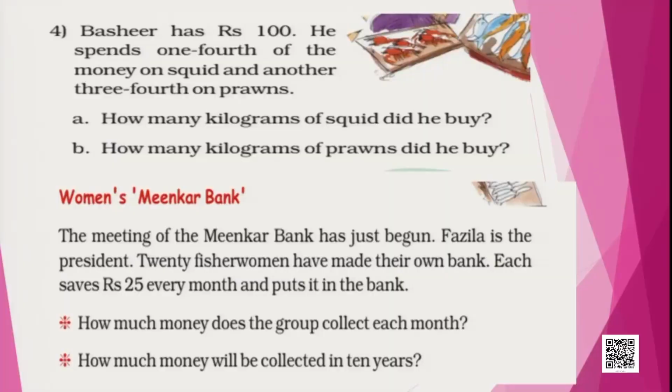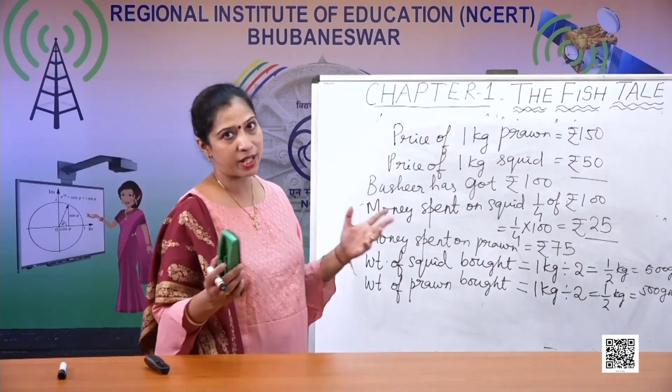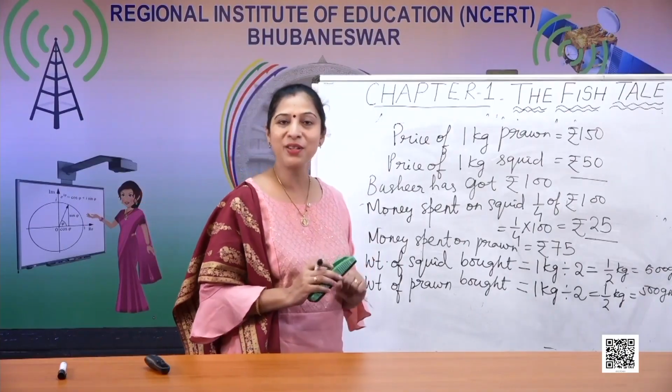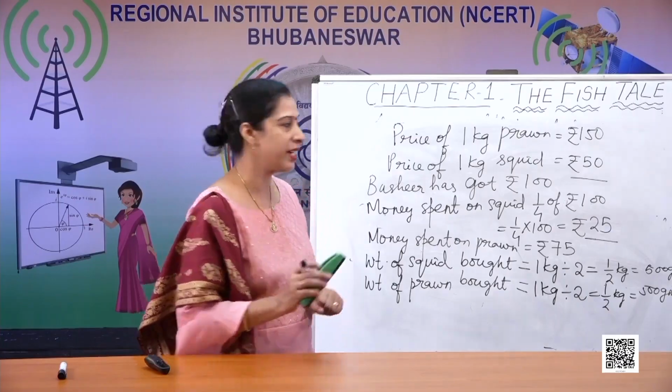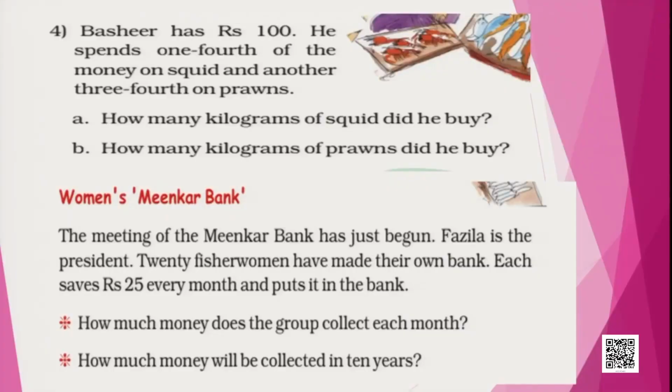How much money will be collected in 10 years? For that, let's find out how much money will be collected in 1 year. Then we can multiply by 10 to find out how much money will be collected in 10 years. So let's see.